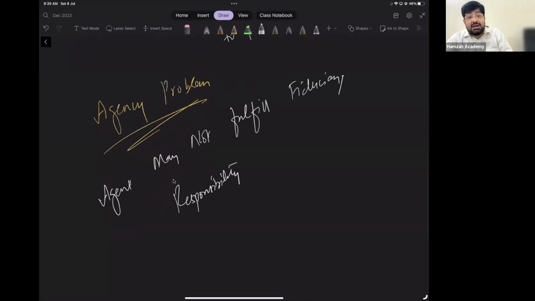The agent may be earning their own money, buying a product at a higher price on my behalf, and acting with neglect, not acting with care. So this might be a problem. This is called the agency problem.